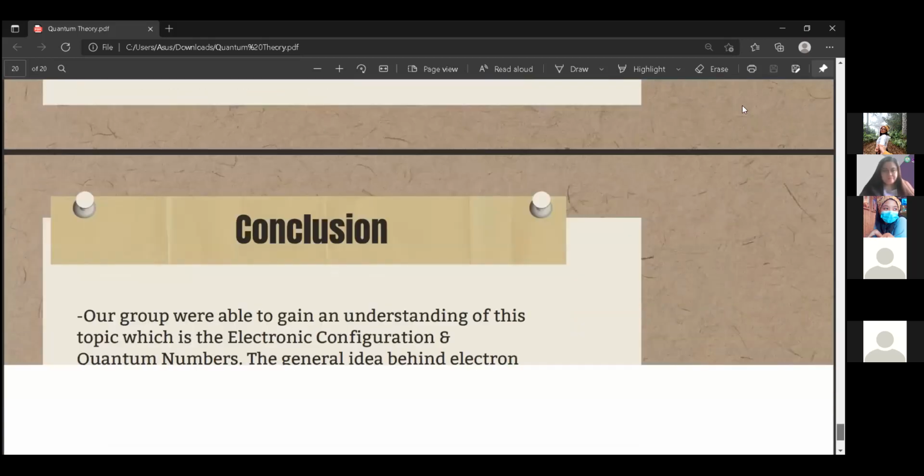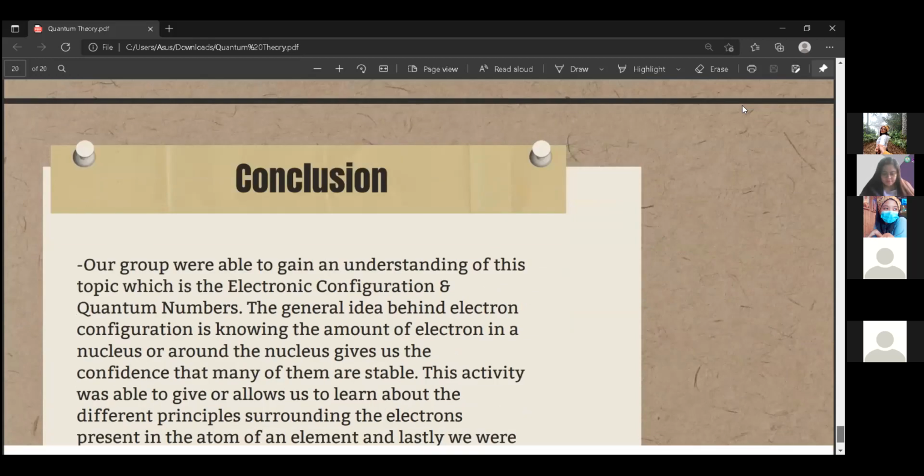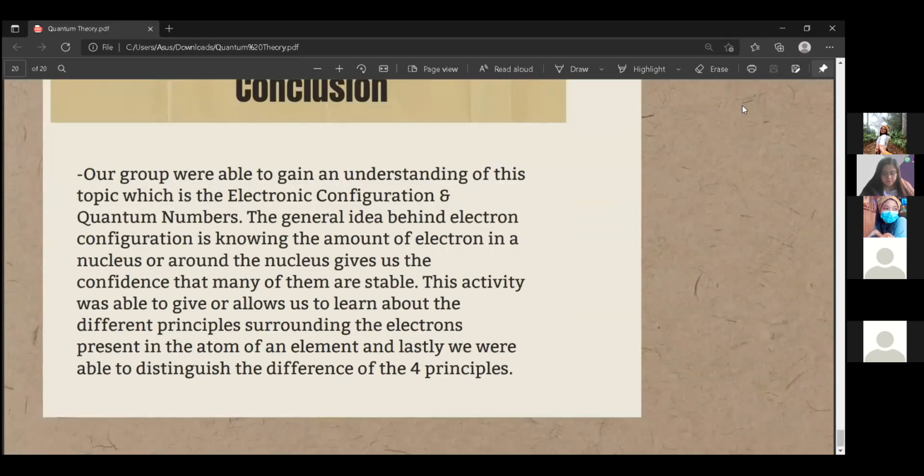Let's go to the conclusion. So lastly, in conclusion, our group was able to gain an understanding of this topic, which is electronic configuration and quantum numbers.